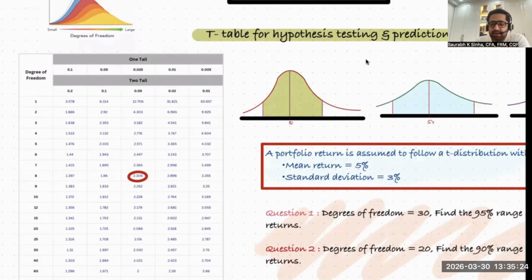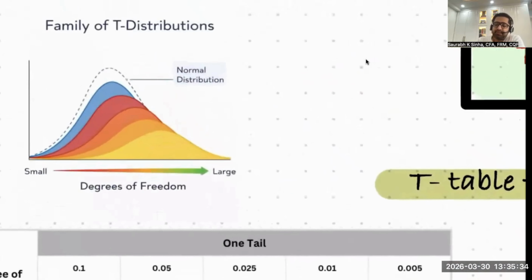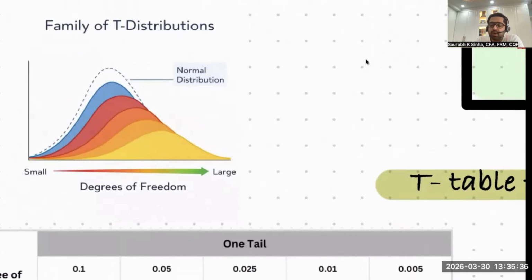There is something interesting in this column. This column says degrees of freedom. Super, super important. We discussed in the last session that the t distribution is not only one distribution, it is a family of distributions. If this is a perfect normal distribution curve, the t distribution where the degrees of freedom is say 30 would look like this.